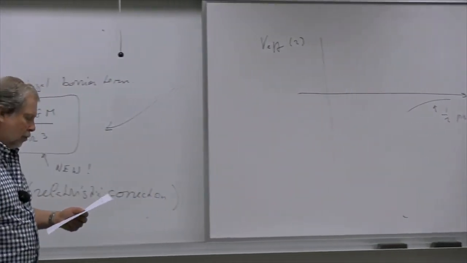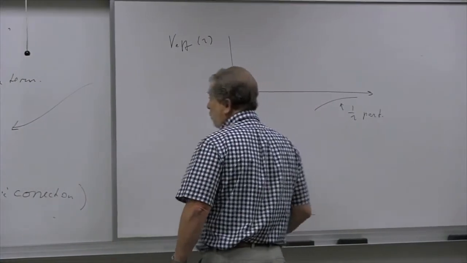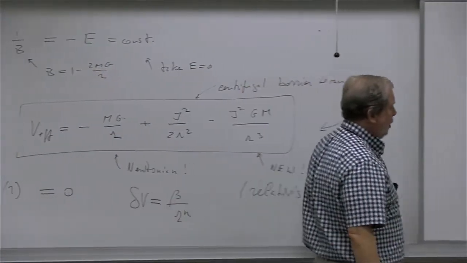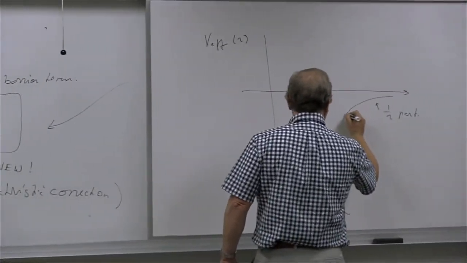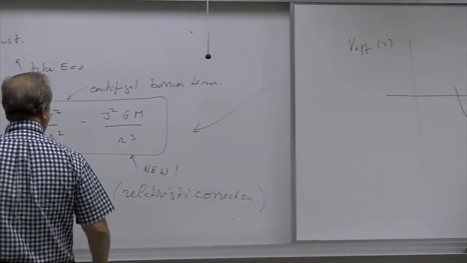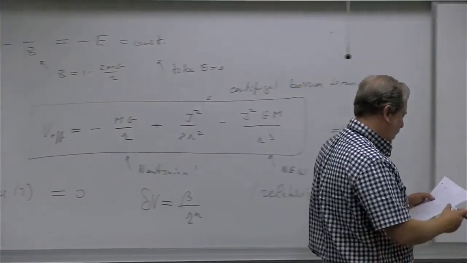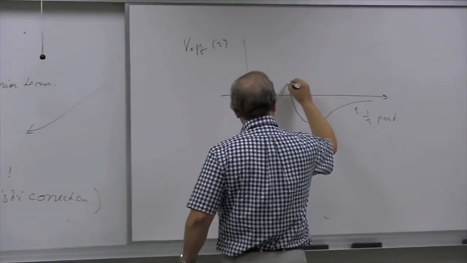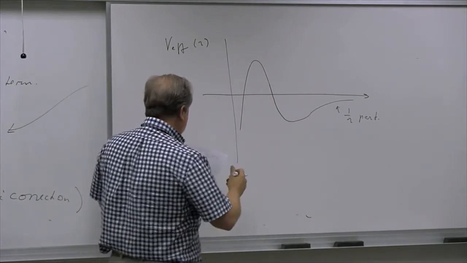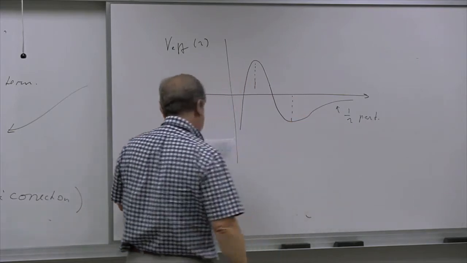Then as you get to smaller r, you have the centrifugal barrier term, the 1/r squared correction, which is positive, so the potential goes up like this. But then when you get to sufficiently small r, the 1/r cubed term, which is dominant for small r, goes negative. So the potential then looks like this, and you can work out what these turning points look like.